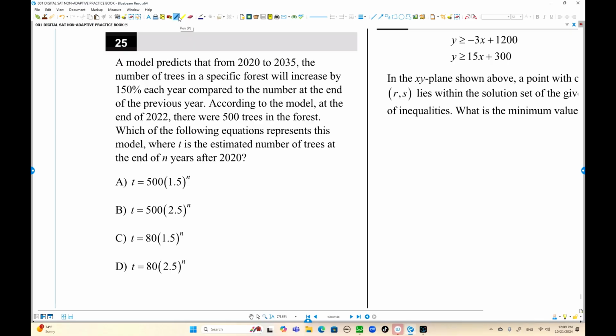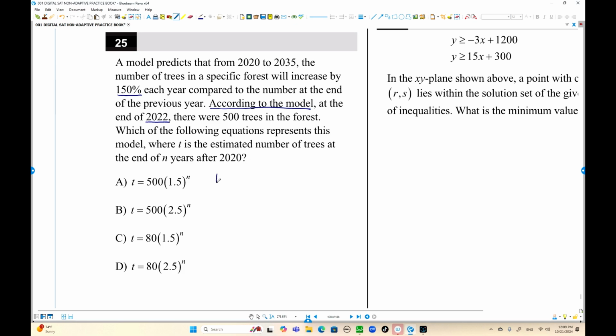Here's number 25. According to this model, the number of trees increased by 150% each year. That is the exponential function. But over here, at the end of 2022, there were 500 trees, but the initial number is at 2020.